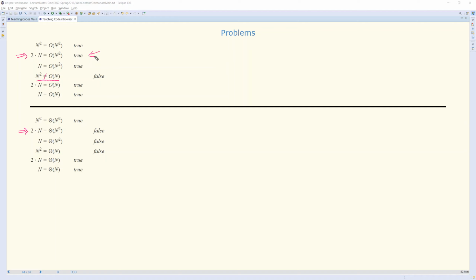But here we're talking about theta, the equivalence. So we cannot say 2n, which is of the class of theta n, is equal to theta of n squared. That is not correct. Don't forget that theta does not define an upper bound. Theta defines equivalence, not equality.